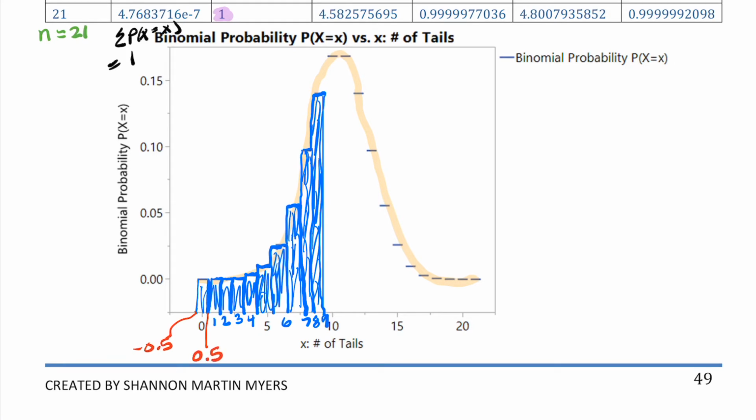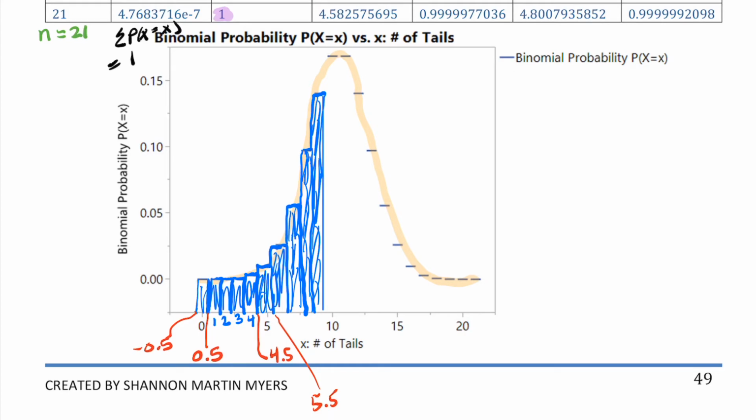And so the probability of getting exactly 0 tosses is really bound between negative 0.5 and positive 0.5, etc. Just examining another one, let's look at 5. Do you see 5 is really going from 4.5 to 5.5? Cool so far?